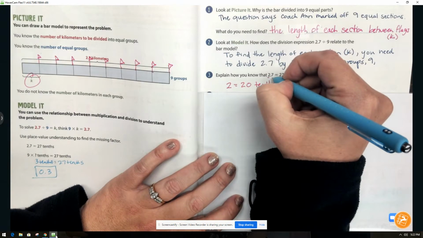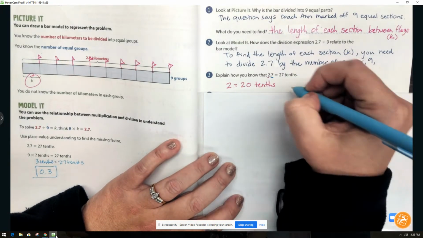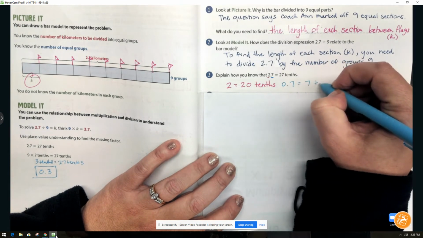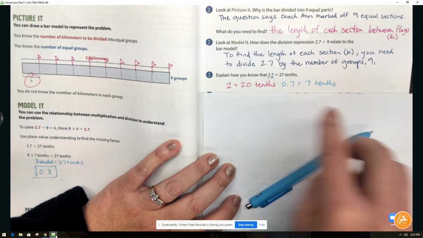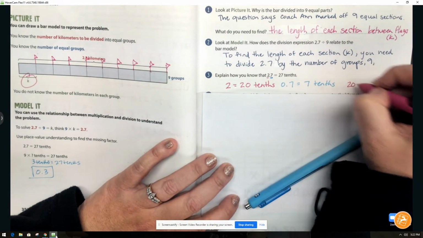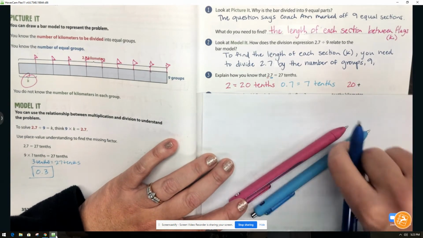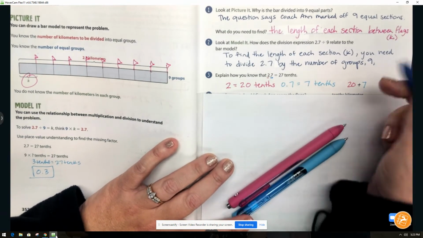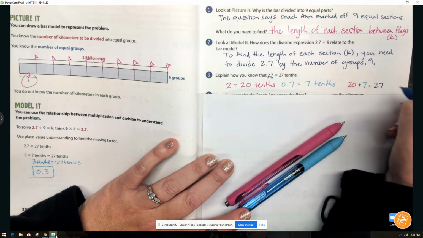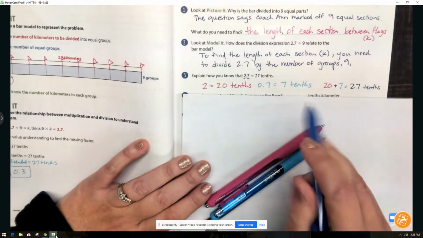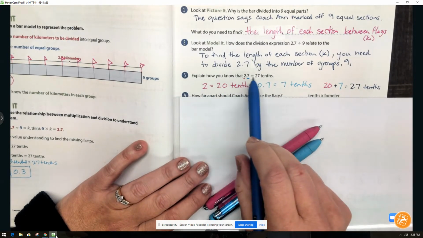And then if we look at the second part, 7/10, we can say 7/10 is equal to 7/10. And then when I take 20 and I add 7, that equals 27/10. So that is how I get my 27/10.